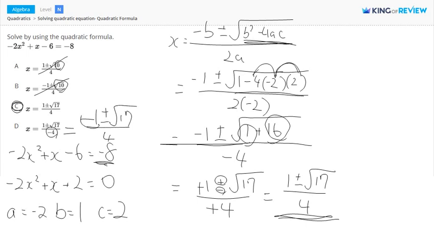So now, this is negative. So one of the numbers has to be negative, but our actual answer is not going to have a negative number, and that's why this is wrong. Therefore, the answer to this question is C.